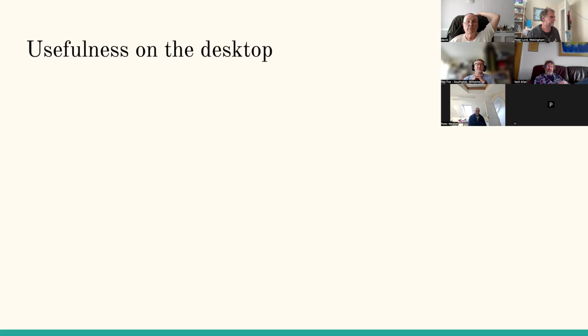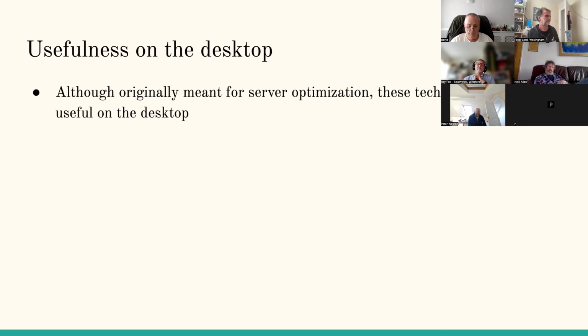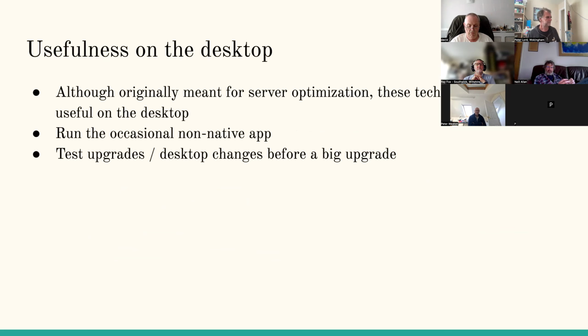And of course, these days, although the purpose of virtual machines and containers was originally to save on resources, they've got a lot of use on the desktop now, but this is like a secondary use, really. So if you're running a Mac and you've got this annoying Windows app that you absolutely must run, you can run it on your desktop under a virtual machine.